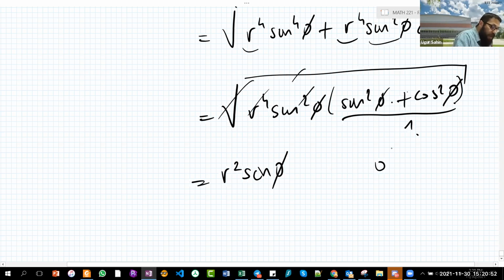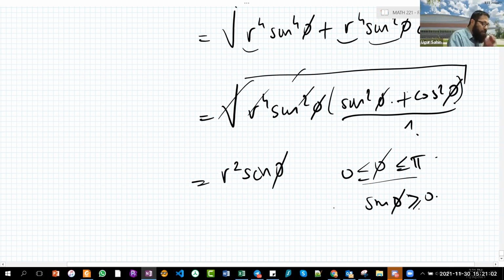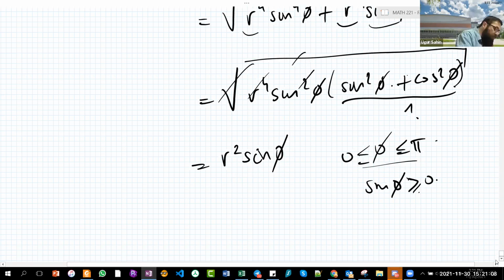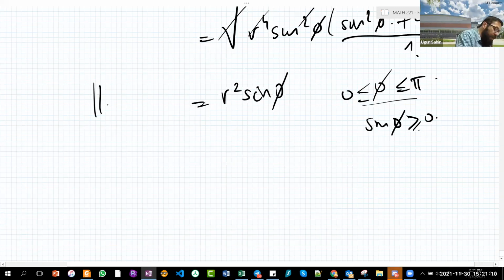Since phi is between 0 and pi, sine phi is always bigger than or equal to 0 in this interval. That is why you can take this out without absolute value. All right, this is my length of this vector, the cross product of the partials with respect to theta and phi.